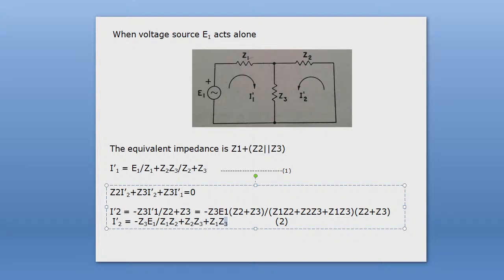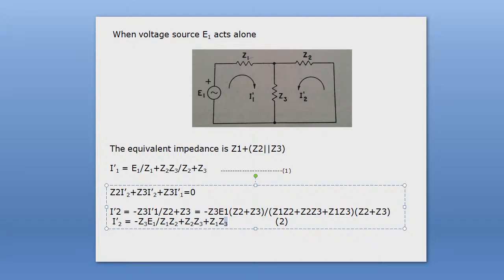For this case E1. Now everyone consider case 2 when E1 is replaced by its internal impedance or internal resistance and only the E2 supply voltage is present in our circuit.